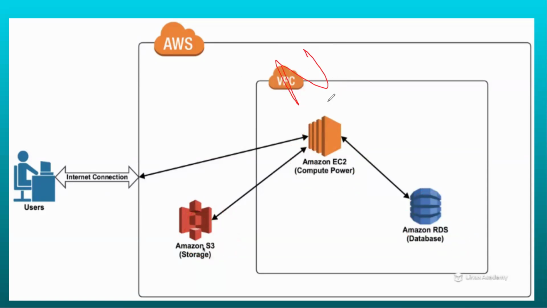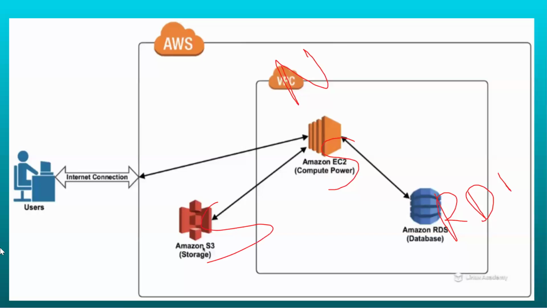VPC is nothing but a network. EC2 is nothing but a server. RDS is nothing but a database. And S3 is nothing but storage.